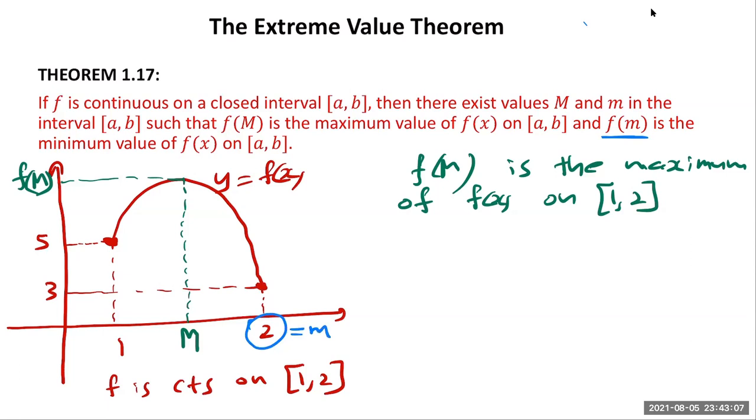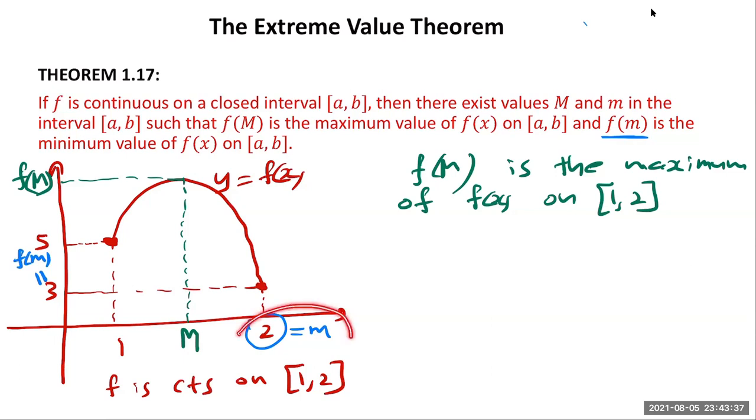Why? Because if you walk along the graph, this is the minimum y value that you can have, right? This is your f of lowercase m, which is the minimum of your function f of x on the interval [1, 2]. So this is f of lowercase m.